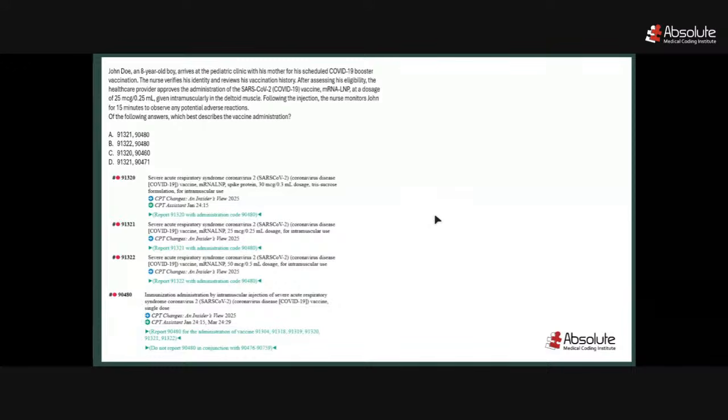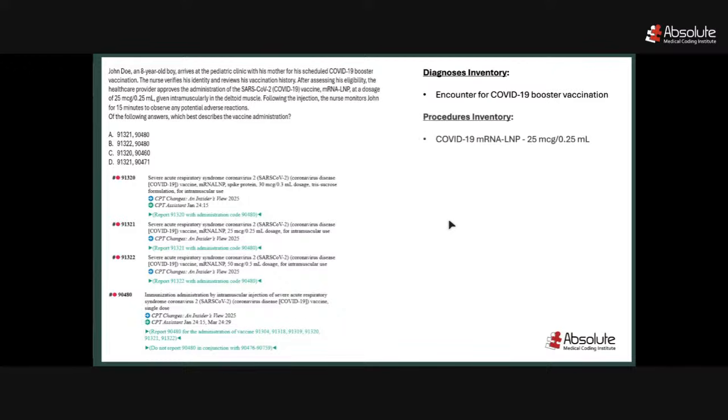Okay, so here the patient arrives for the encounter of COVID-19 booster vaccination. And in the procedure inventory, we have a COVID-19 mRNA LNP 25 mcg per 0.25 ml. Okay, and we all know that for COVID administration, we have only just one COVID administration code, and that is 90480.